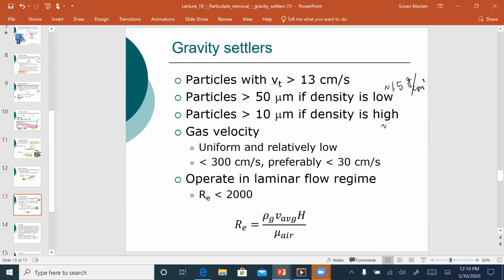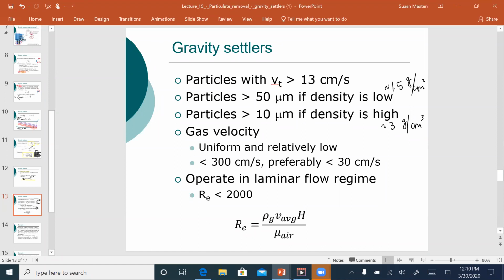If it's higher density particles, you can remove smaller particles. So basically, your removal efficiency is dependent both on the particle size and the density.